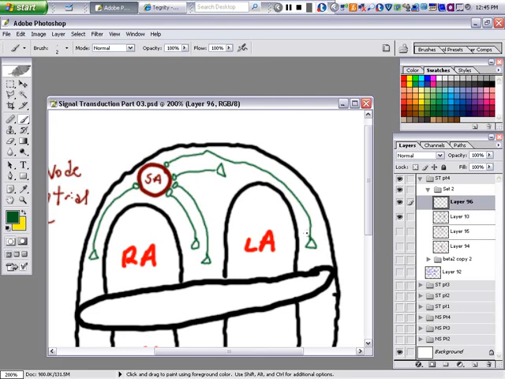It's really an electrical signal. Just remember, there really aren't nerves that come from the sinoatrial node. It's just electrical.